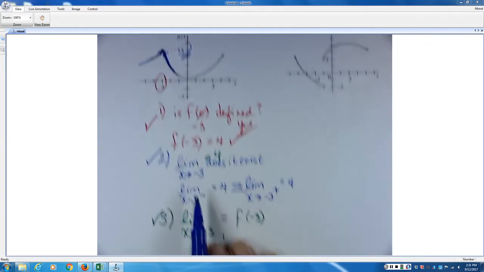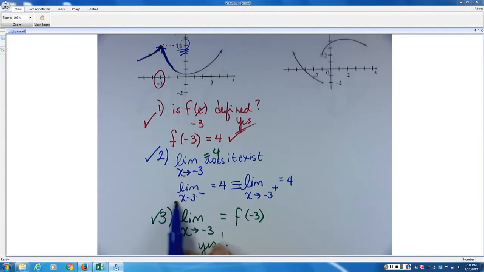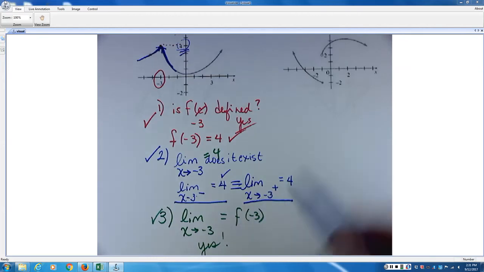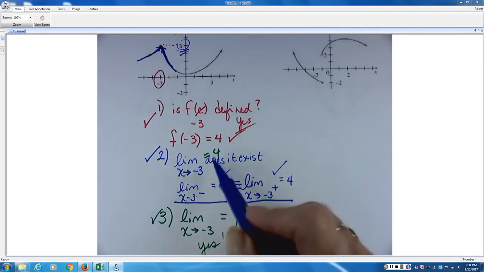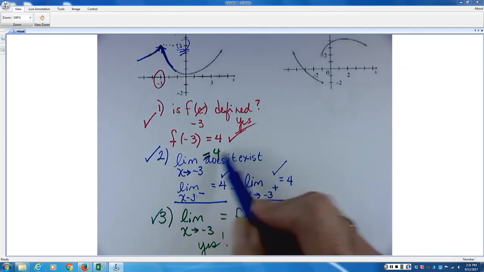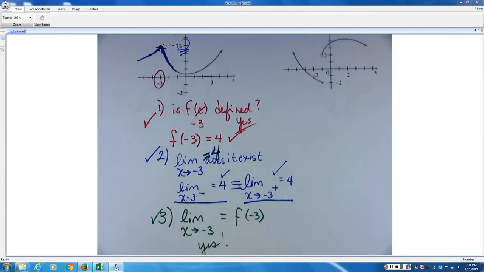So the limit from the negative side is 4, and the limit from the positive side is 4. Therefore, the limit as x approaches -3 is 4 because these two match.